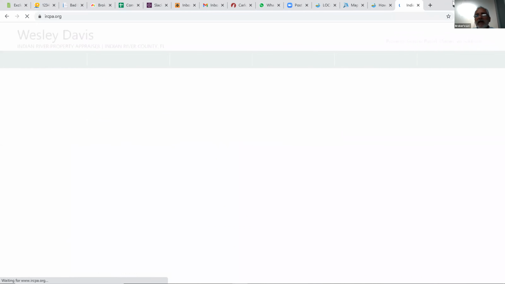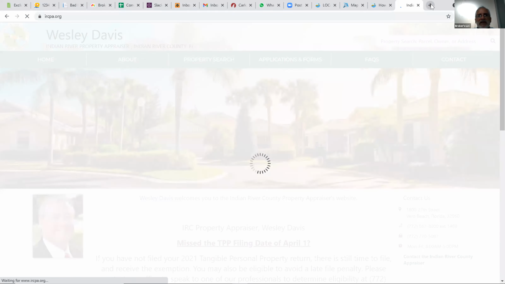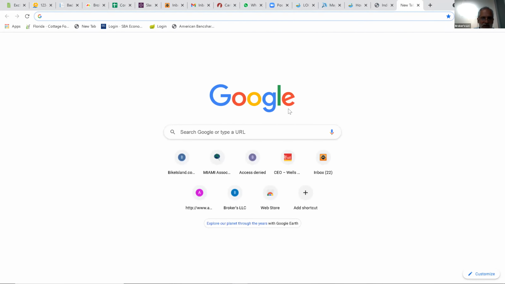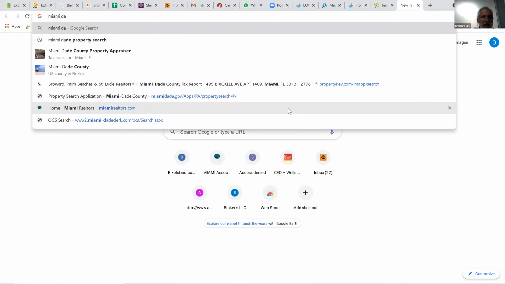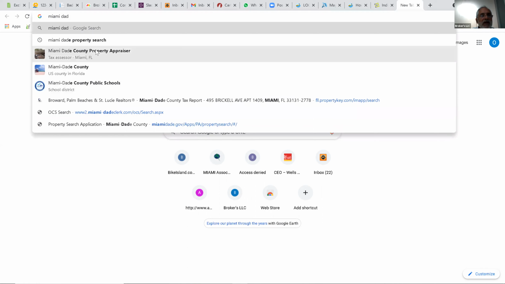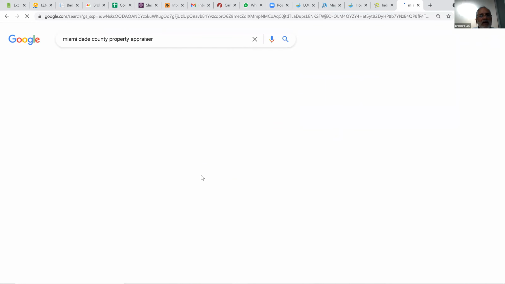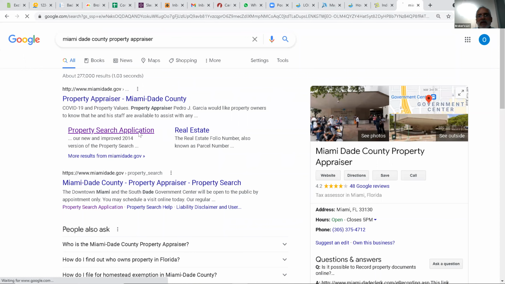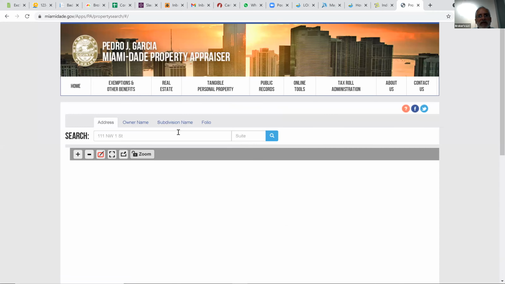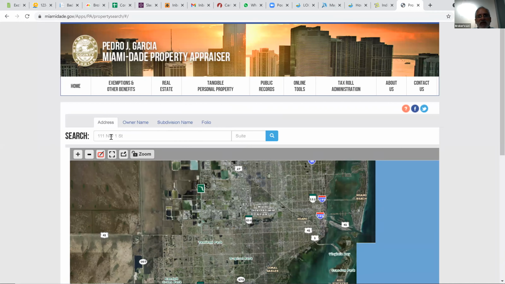In the case of Miami-Dade, you do exactly the same thing. You just search Miami-Dade property appraiser, and there you go. You click on the address and it will give you all the information on the property.